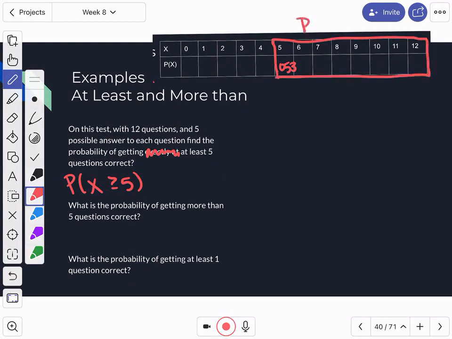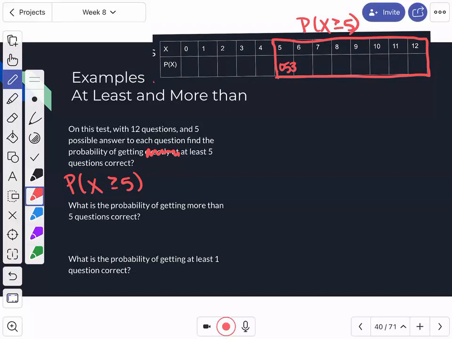You understand that? This is the probability that x is greater than or equal to 5. There's a problem here. The functions I have either calculate at exactly, or they calculate up to and below. So how am I going to calculate at least 5 if I can only use those 2 functions? What do I have to do? Anybody got an idea?